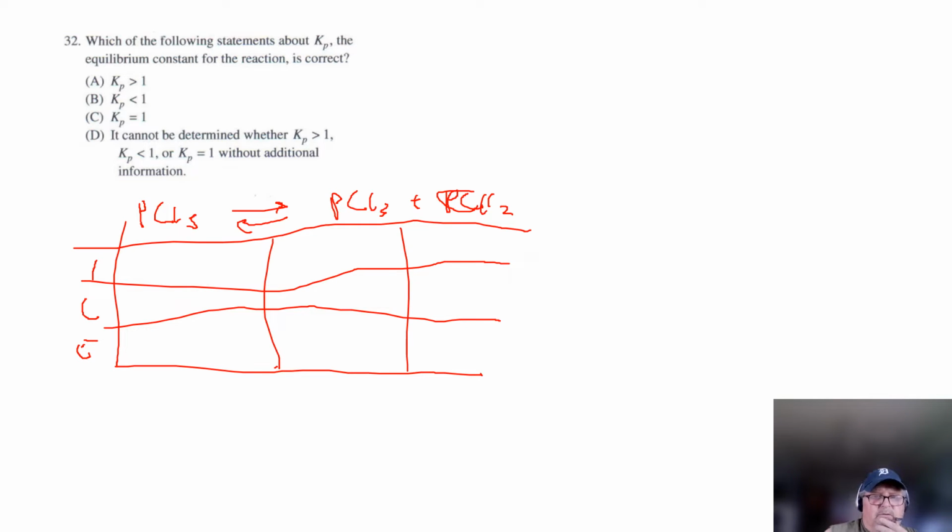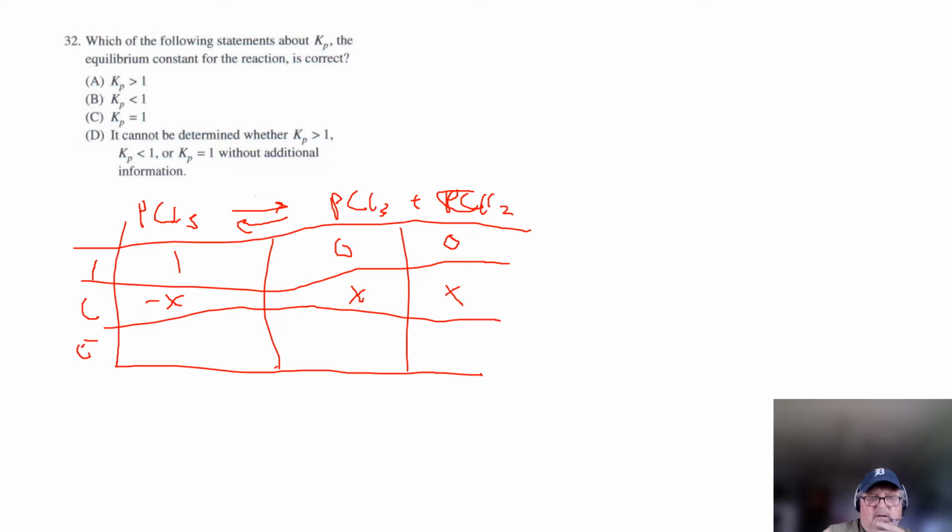We started out with 1 here, 0, and 0. And then to get to equilibrium, this had to change by some x, and this increased by some x, because the coefficient is 1. If it was 2, then you would have had 2x here.